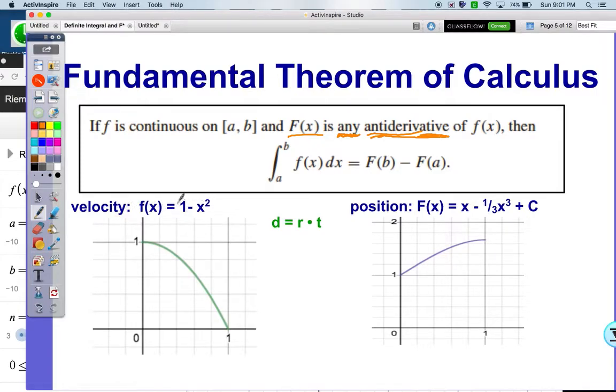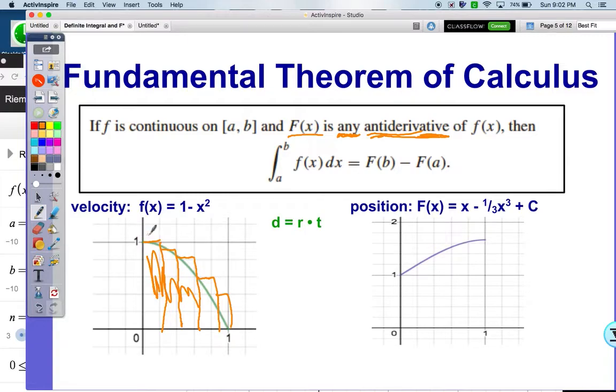If your velocity function is 1 minus x squared, and I want to find the area under the curve here, I could do a whole bunch of rectangles, and find an approximation. And the more rectangles, I would get the area under the curve.